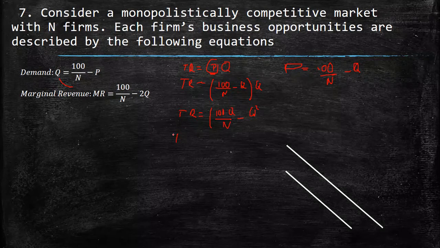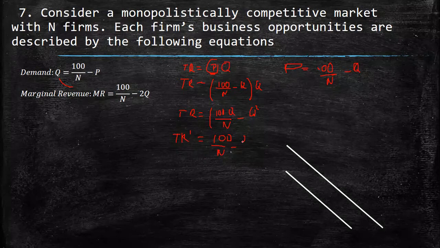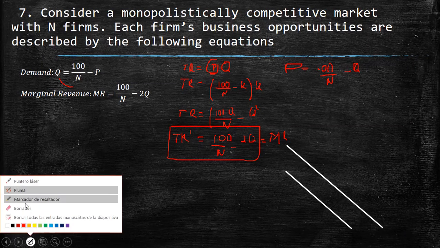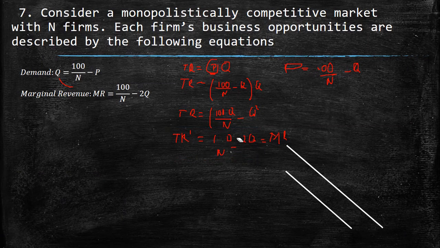So here the total revenue prime, which is the derivative of that, should be 100 over n minus 2Q. This one I'm not going to go deep into. It's just in case you're interested where this marginal revenue is taken. So this is equal to the marginal revenue. Okay, whatever. So then let's just cancel out this one.